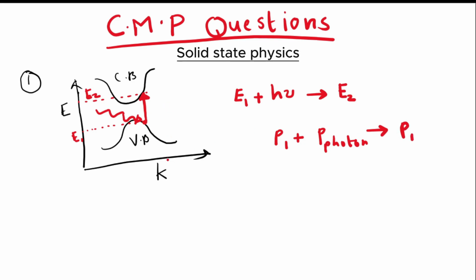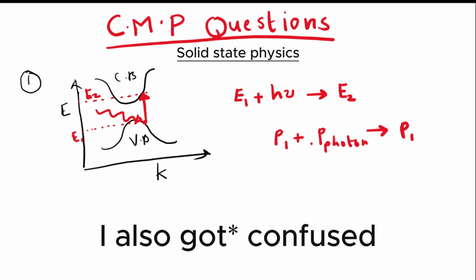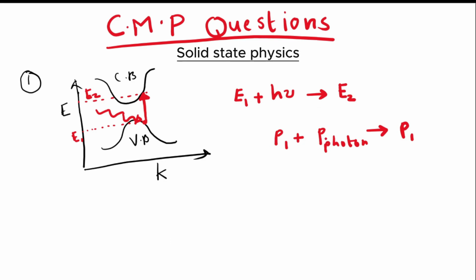The electron is moving from here to here, but K is the same. So P1 plus the momentum of the photon, the final momentum is also P1. So momentum is not getting conserved. Where does the momentum of the photon go? He asked that. When I wrote energy, it is simple, it is okay. And when I wrote momentum like this, I also got confused. So where does this momentum of the photon go?